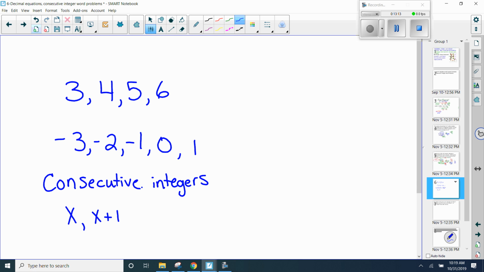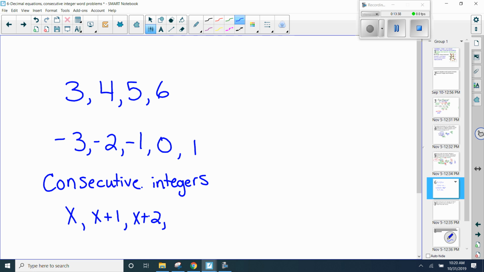That's your second consecutive integer. How do I find the next consecutive integer? You add another 1 to this one, but if I add another 1 to this one, what's it actually going to end up being? X plus 2. So your next consecutive integer is x plus 2.